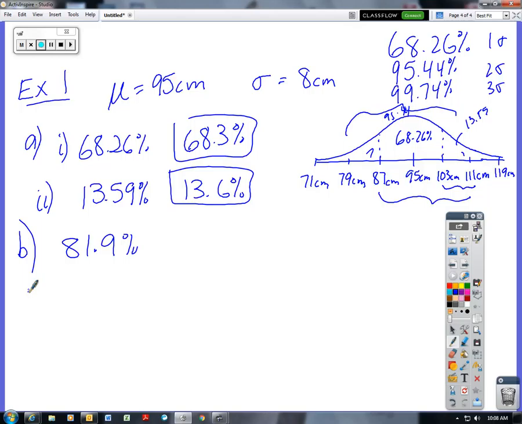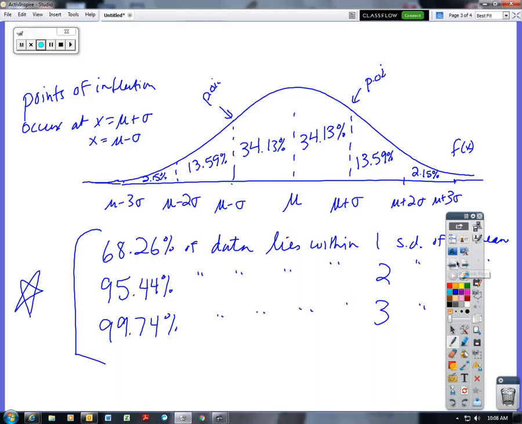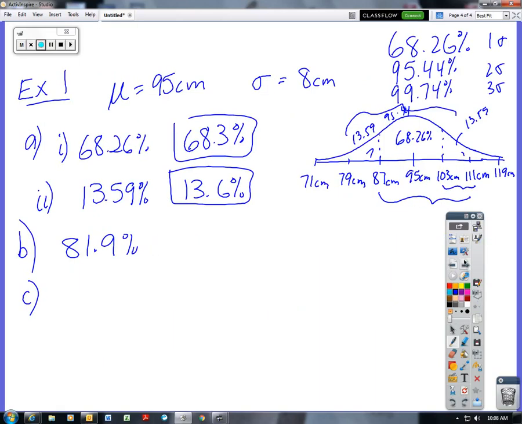And then the last question, letter C. Find the value of K such that approximately 16% of the chest measurements are below K. Well, I know this is 13.59, and if I look back a slide or so, 2.15% is right here.